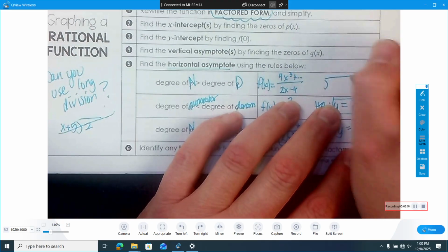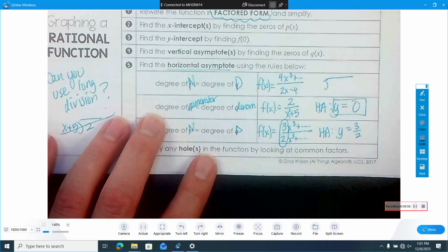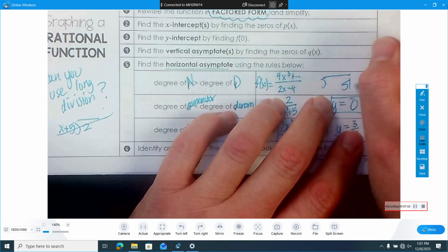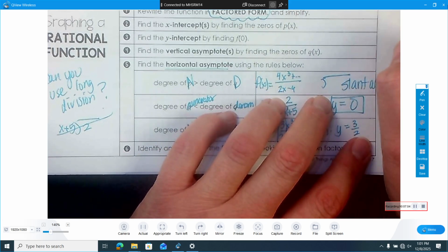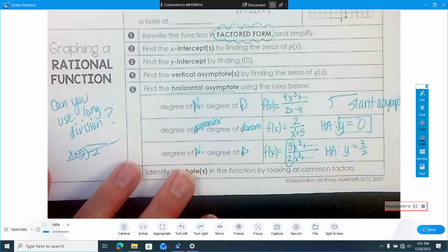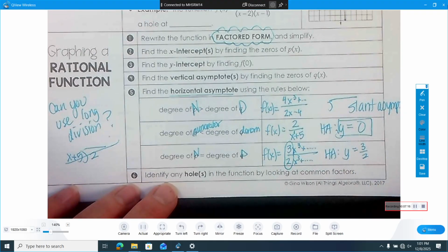Then we do need to do long division, all right? And we are going to get a slant asymptote, which we'll talk more about later. A-S-Y-M-P-T-O-T-E. All right, so there are 3 cases here, and I think today we're focusing on the first 2.